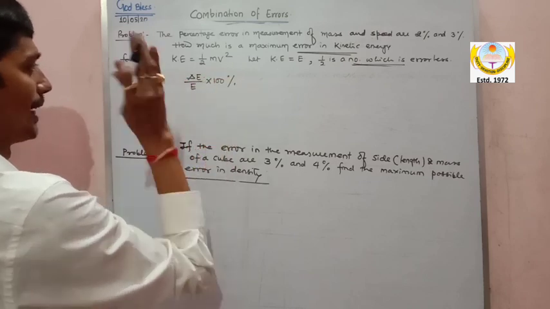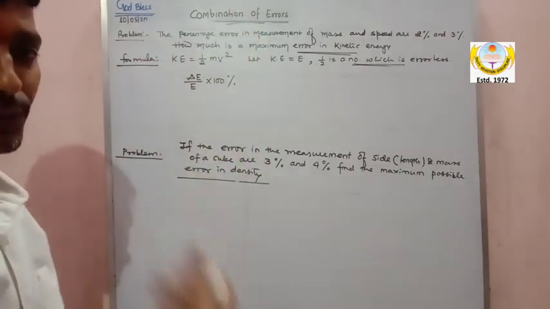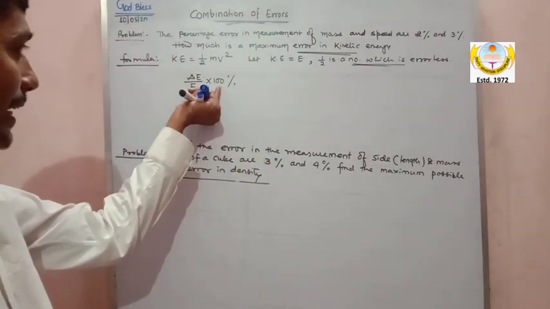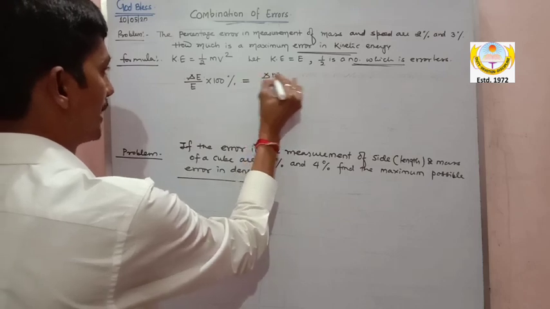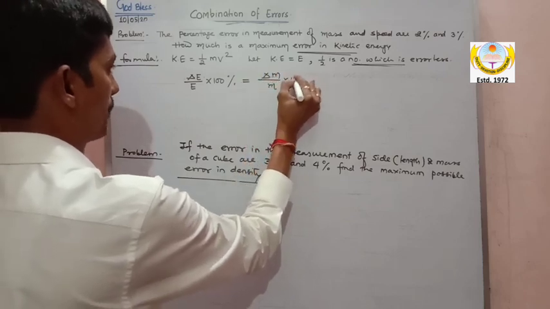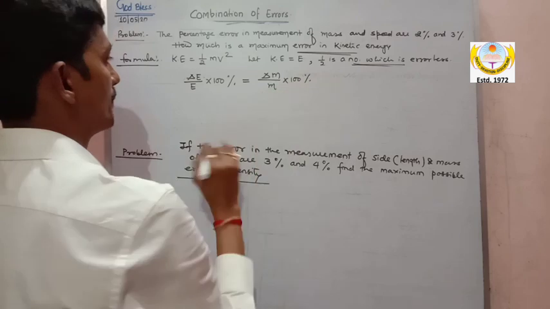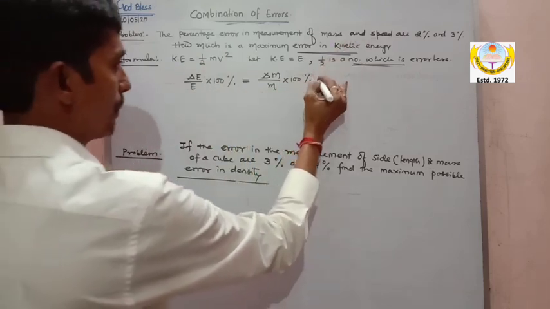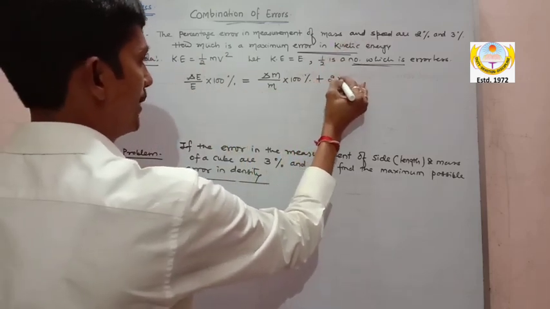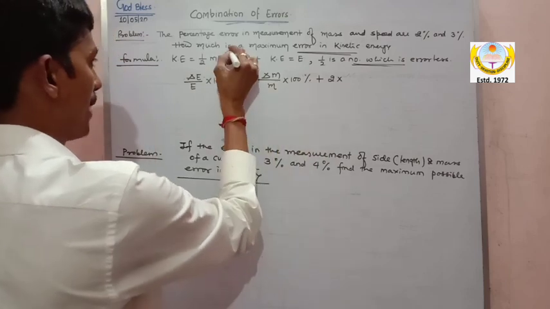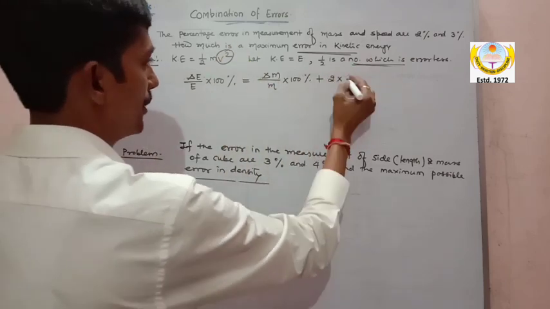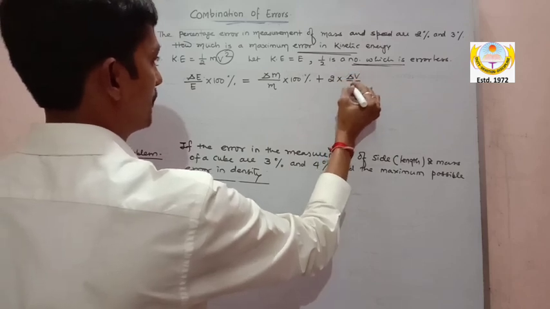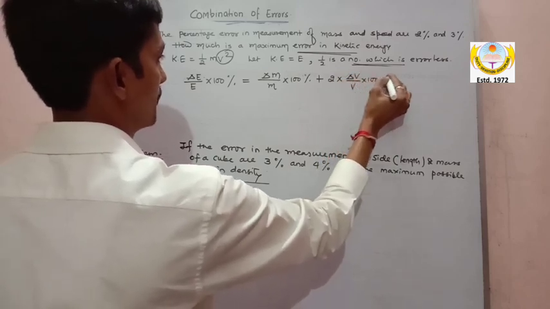So the final answer is: percentage error in kinetic energy equals percentage error in mass, delta m upon m into 100%, because half is a number, plus 2 into delta V by V into 100%.